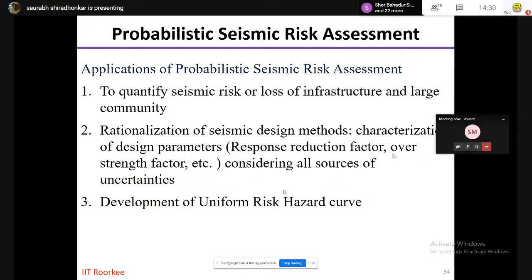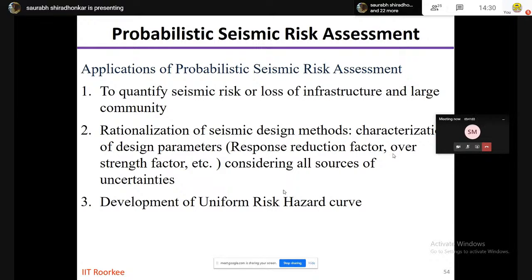And the third is the uniform risk hazard curve, which is to ensure that buildings all across India or the subcontinent, let's say residential buildings located in New Delhi and in, let's say, Hamirpur, should have the same probability of collapse under earthquake. That is the target to be achieved, and that is possible through this risk formulation that we have seen.